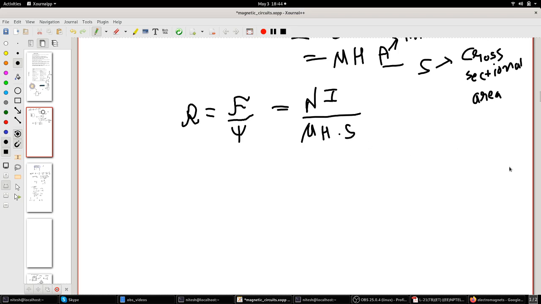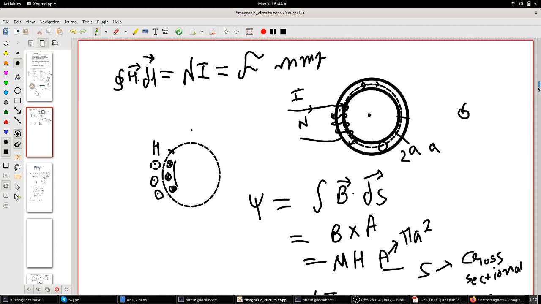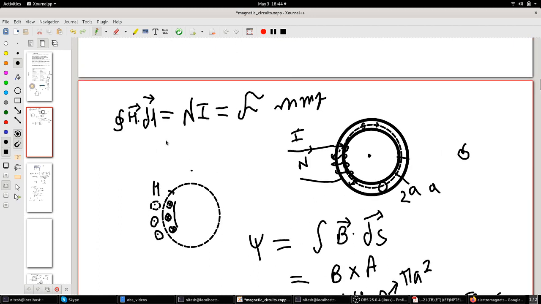Now there is another trick to find out this reluctance. What we'll do here is H dot dl. Now if I look at the closed path here, what will be the length of the closed path? Let's say this is the distance from this center to the mean of this cylinder. So you have two concentric circles right here.